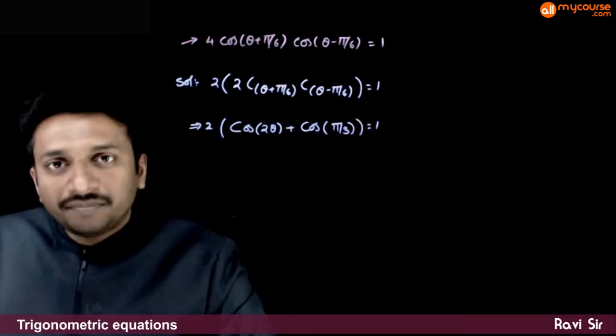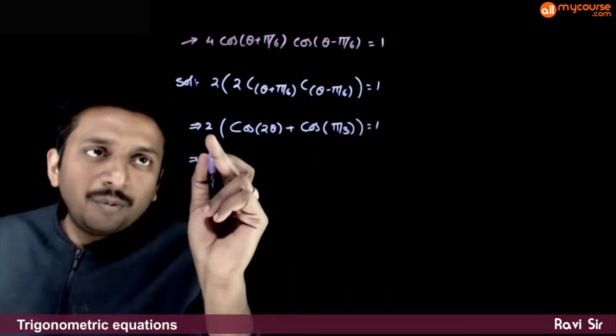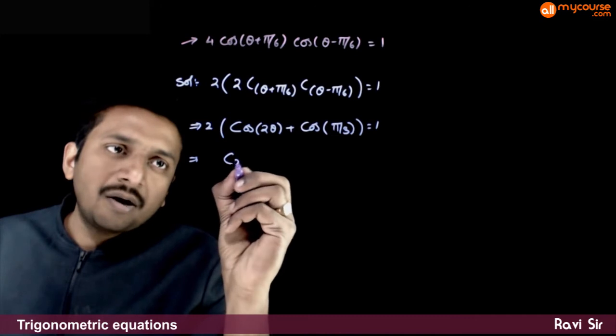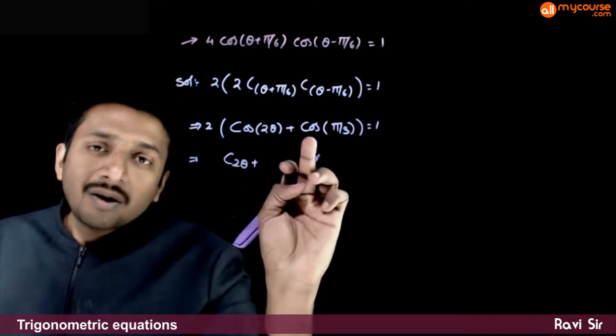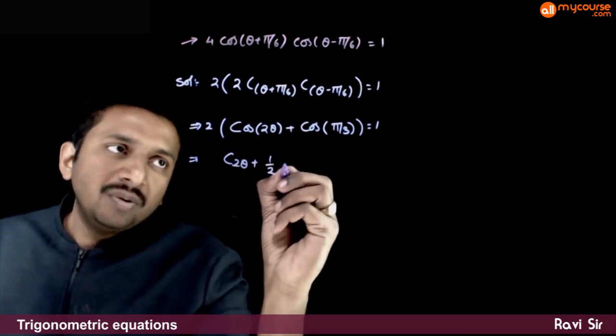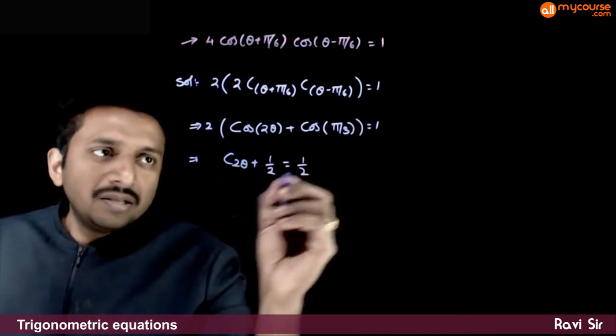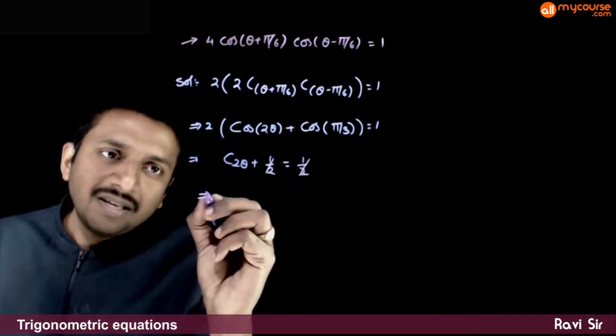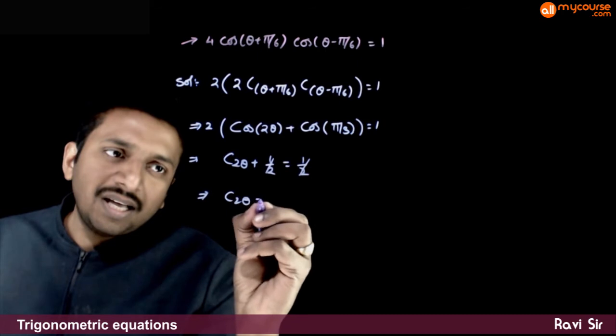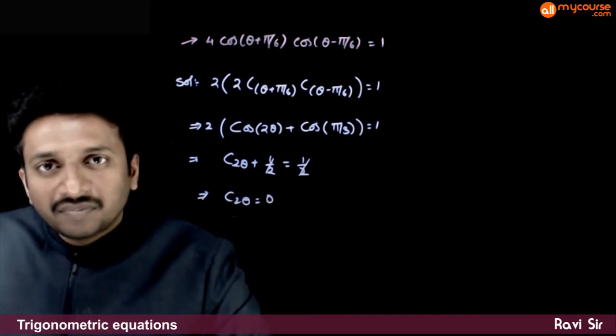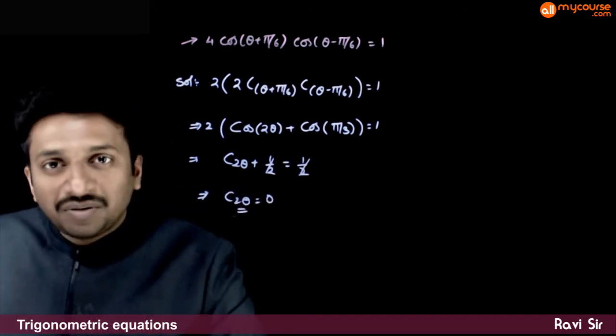So cos 2 theta plus cos pi by 3 is equal to 1. If you send this 2 onto that side, cos pi by 3 is 1 by 2, so cos 2 theta plus 1 by 2 is equal to 1 by 2. This 1 by 2 and 1 by 2 get cancelled. This implies cos 2 theta is equal to 0.